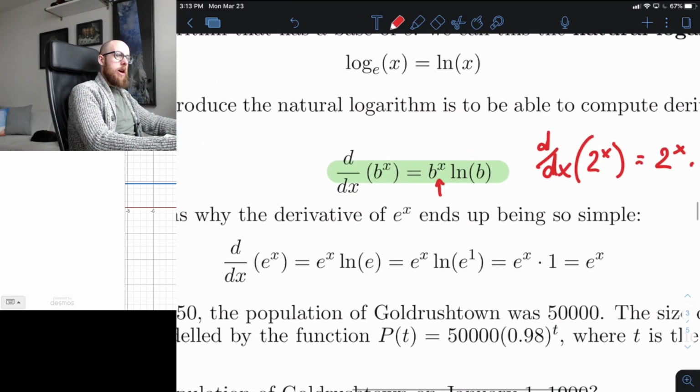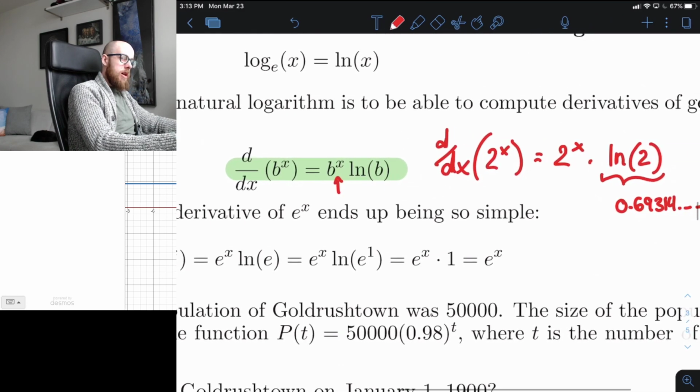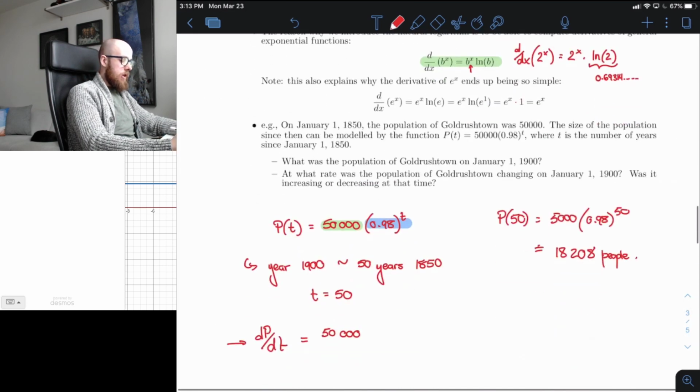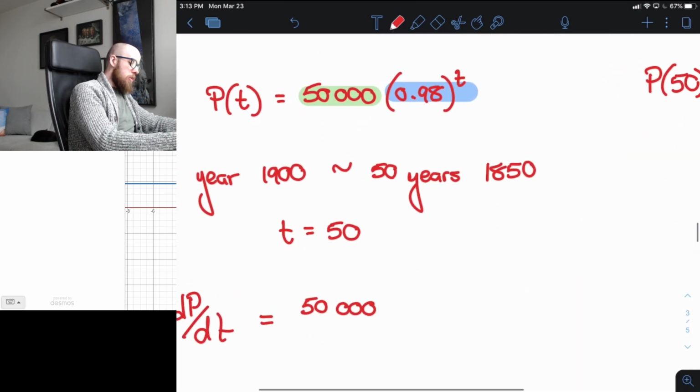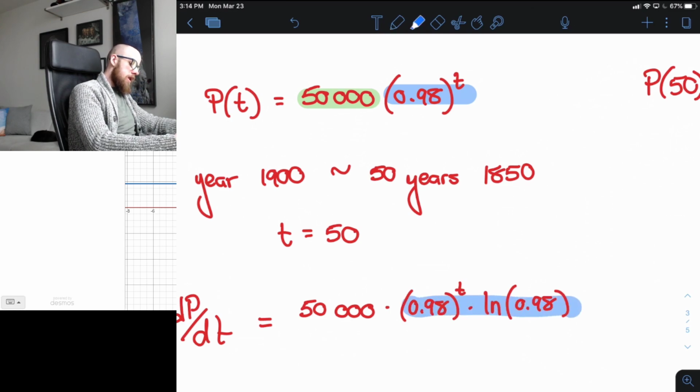My derivative rule for exponentials: I keep the function the same, but then I have to remember to multiply by ln of whatever the base is. So I keep the exponential part the same, but I multiply by ln of the base, so ln of 0.98.